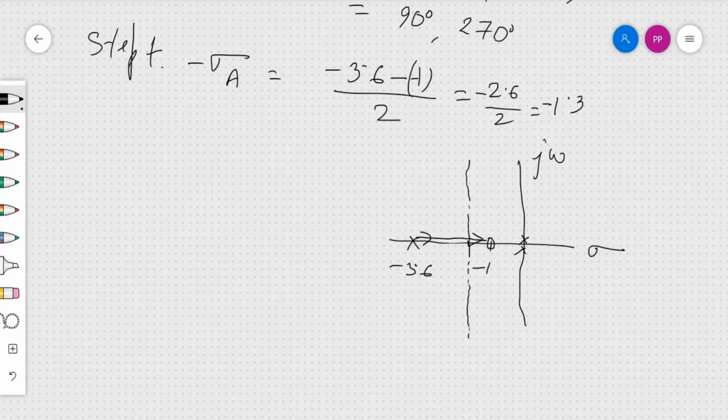So our next job is to find out the breakaway points and the angle of departure. So step 5.